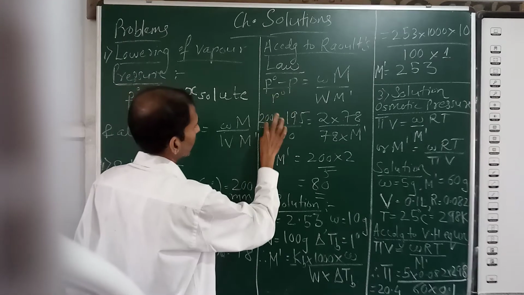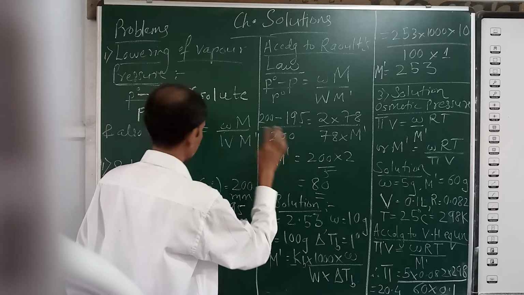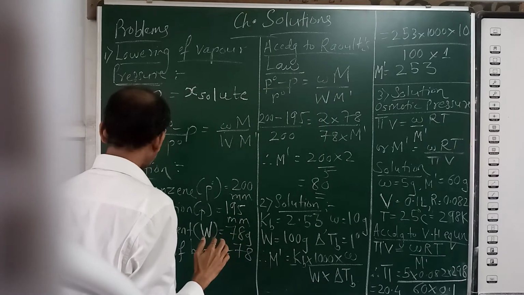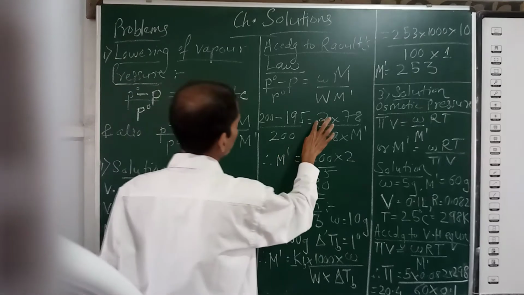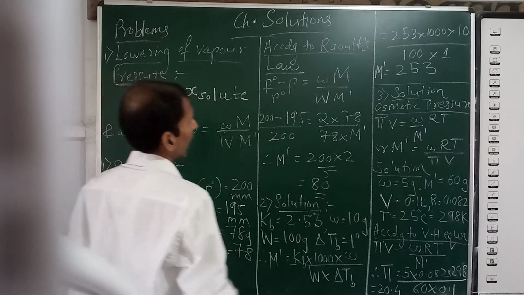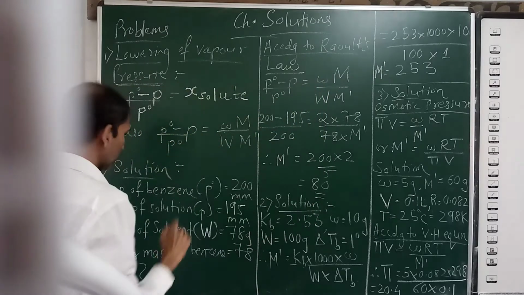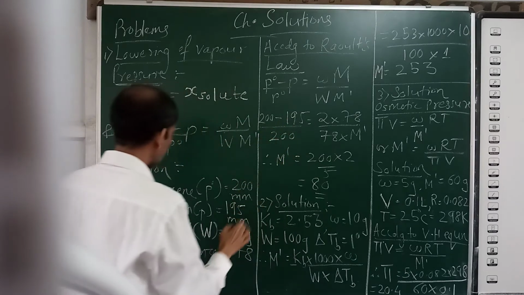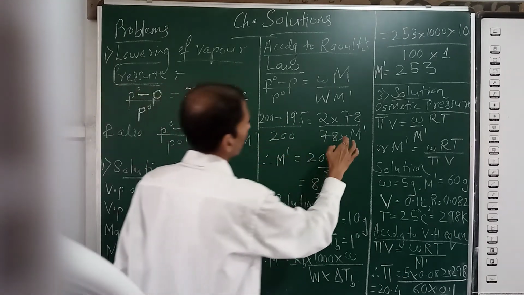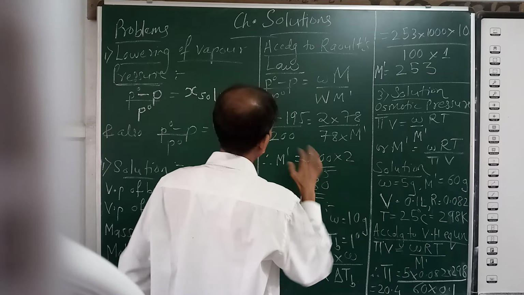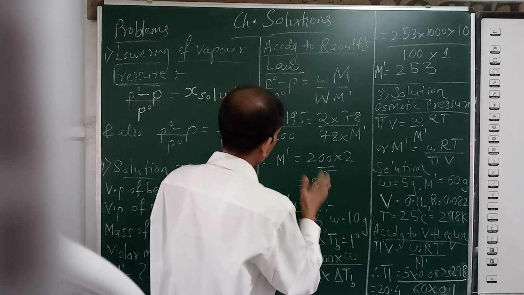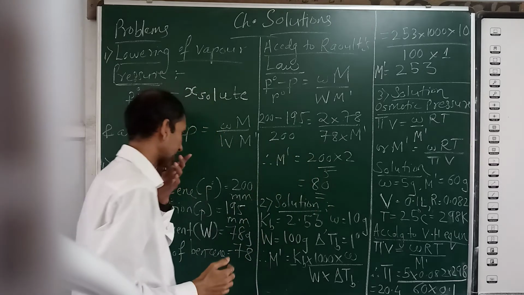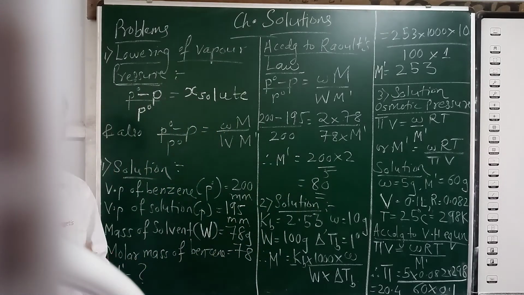So you substitute 200 minus 195 upon 200. Small w is the mass of the solute, so you write down 2 grams here. Then capital M is the molar mass of solvent, 78 grams, and the mass of solvent is also given here, 78 grams. So we have to calculate M dash. Final answer, M dash, that is molar mass of the solid, you will get 80. This is the final answer, and please cross check your answers.